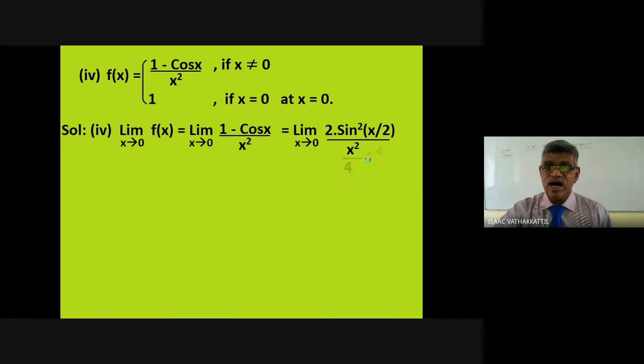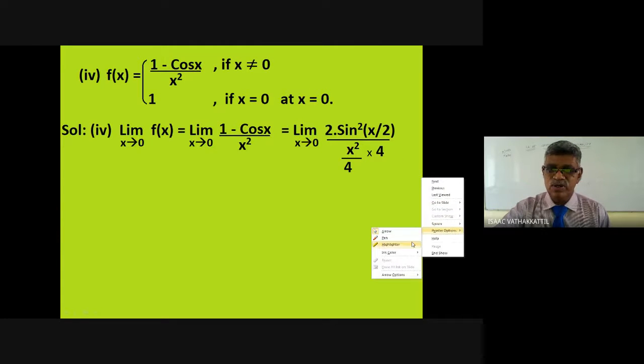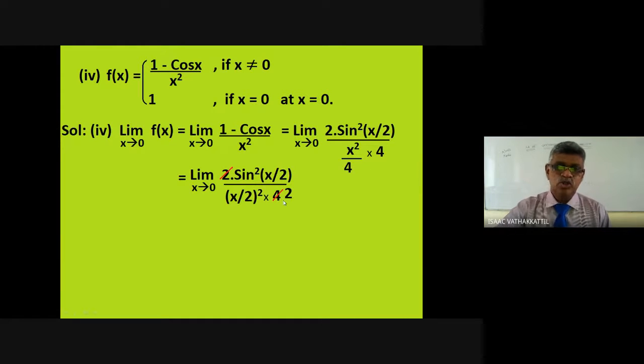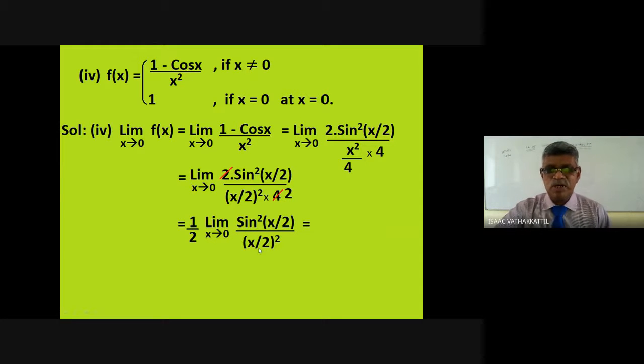4 is not there, so I multiply and divide with 4. Of course, this 2 and this 4 may be cancelled and you get 2. That can be simplified, and that 1 by 2 will come out. 1 by 2 into the limit x to 0 of sin squared x by 2 upon x by 2 squared.